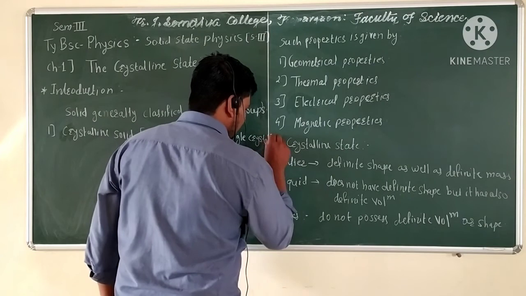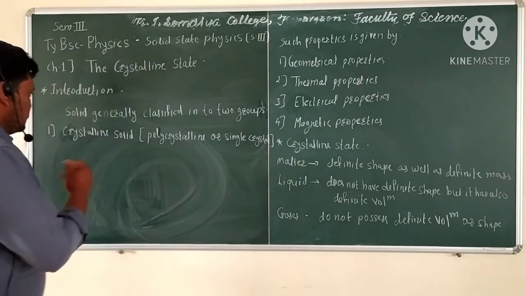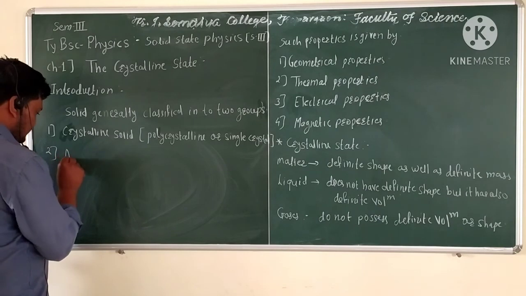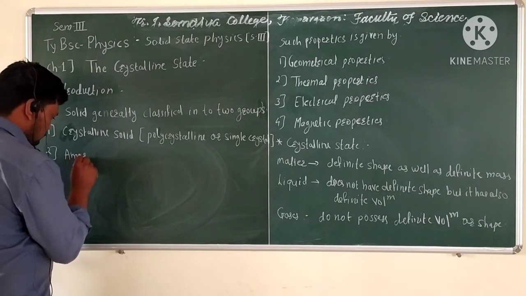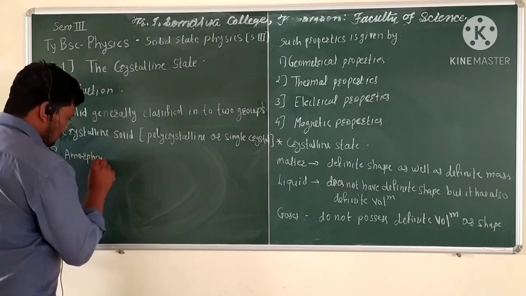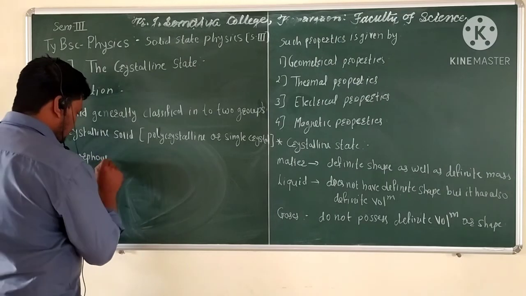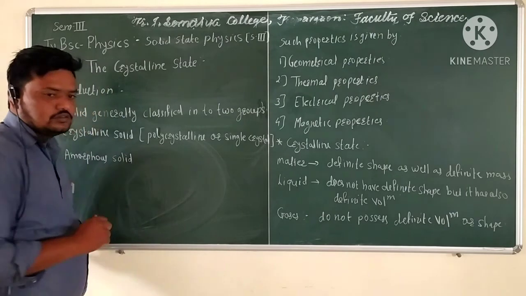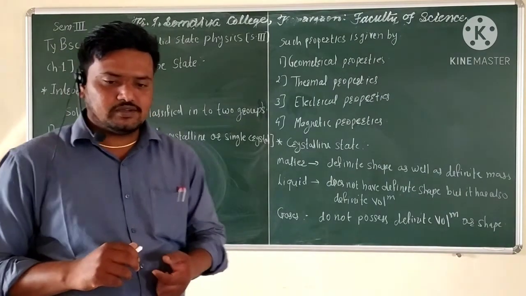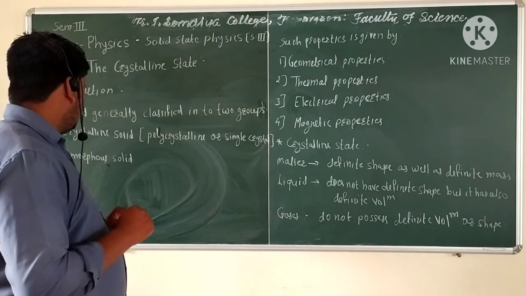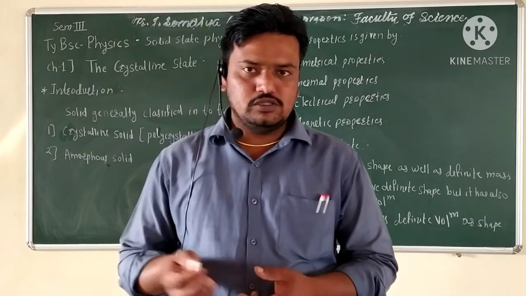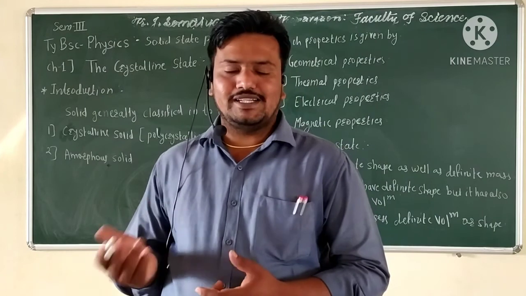Okay, so this is the first type of solids, the crystalline solid. And the second type is given as the amorphous solid. These are the main two types of solids in solid state physics.